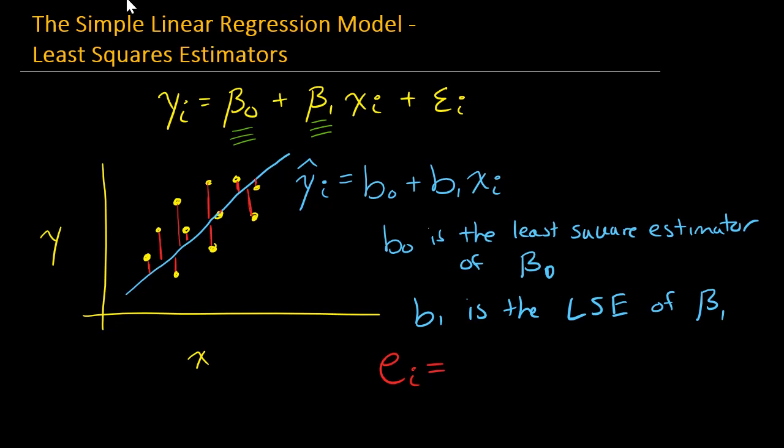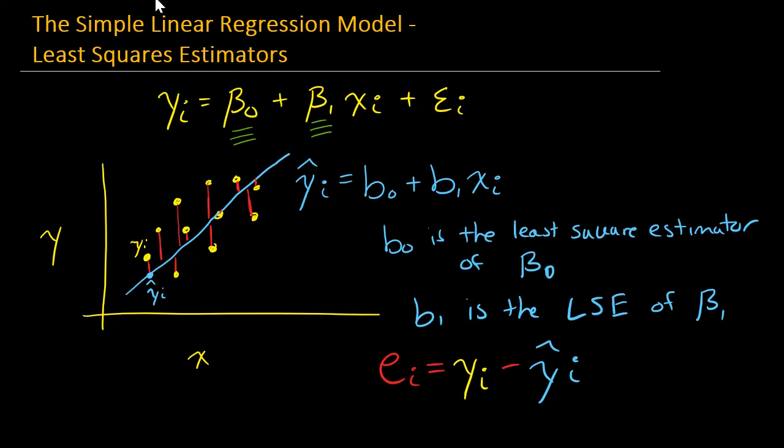Okay? So this distance in red is e sub i. This is going to be the difference between, so in yellow I have the ith observation, and on the line I have the predicted ith observation. Okay, so this error is the difference between the observed ith observation minus the predicted ith observation.